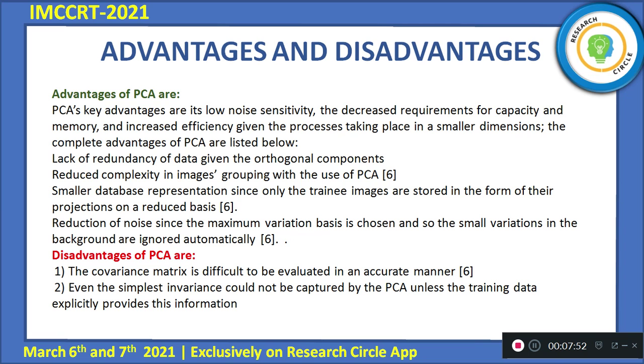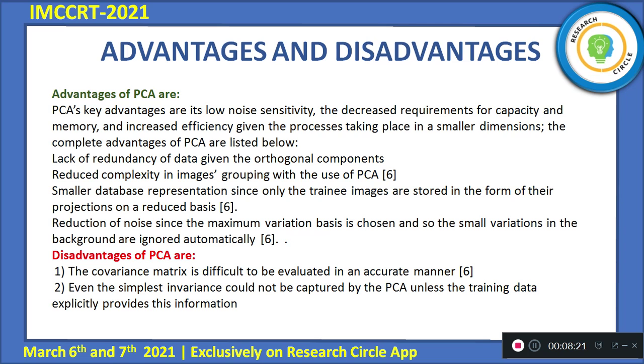Advantages and disadvantages. Now, advantages of PCA are: PCA's key advantages are its low noise sensitivity, the decreased requirement for capacity and memory, and increased efficiency given the process taking place in a smaller dimension. The complete advantages of PCA are listed below.